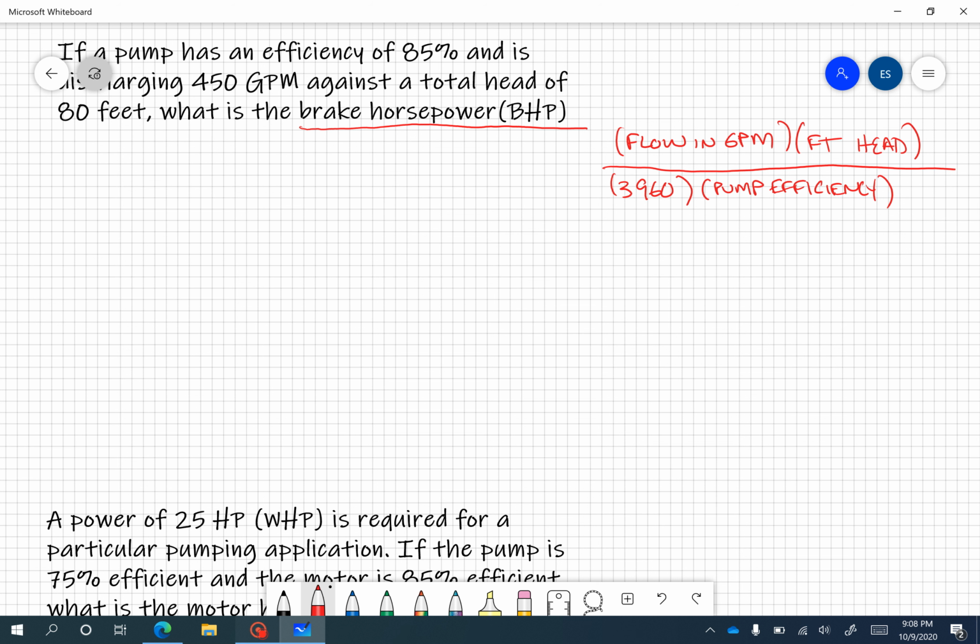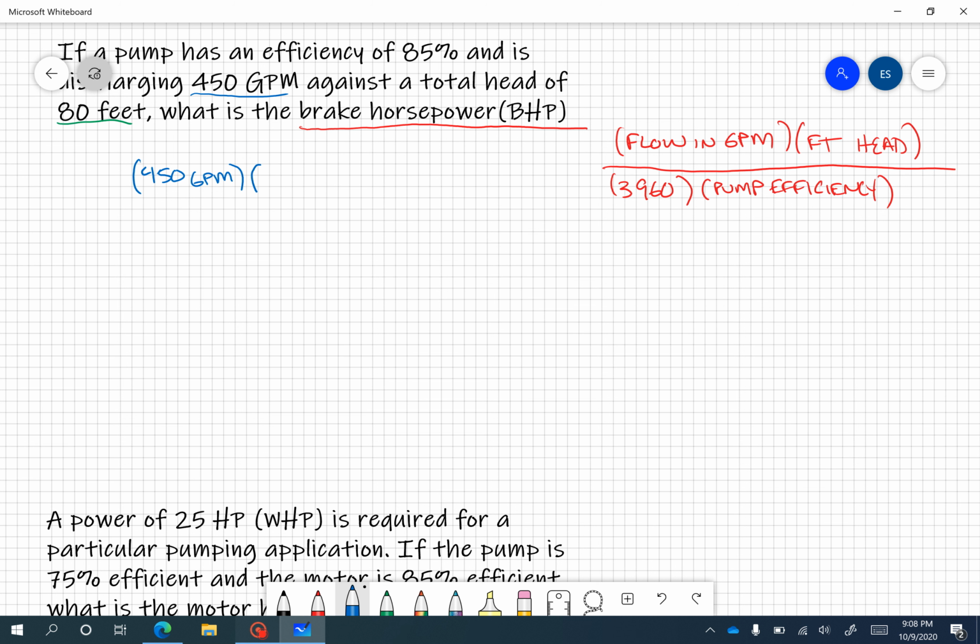And let's take a look at the information they've given us. They've actually given us all the information we need to plug into this formula. So we have flow in gallons per minute right here, 450 gallons per minute. We have feet of head right here, 80 feet of head.